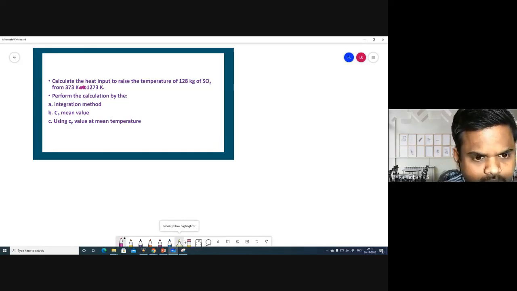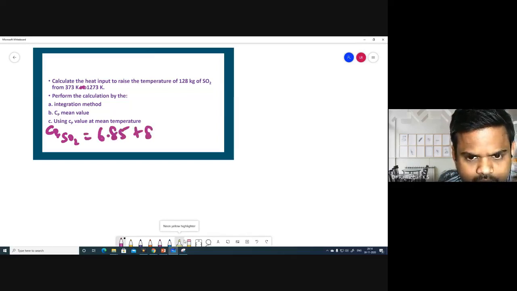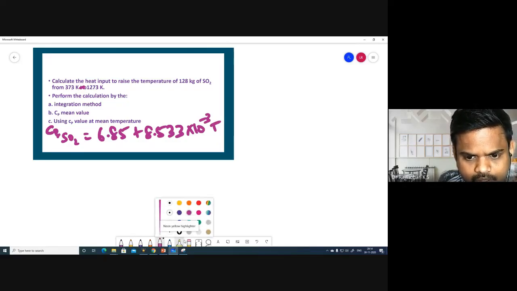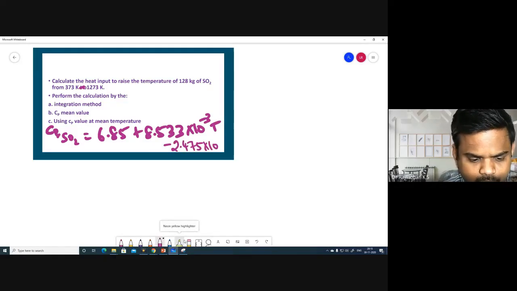So we have Cp of SO2 given as 6.85 plus 8.533 into 10 power minus 3 T, minus 2.475 into 10 power minus 6 T square.